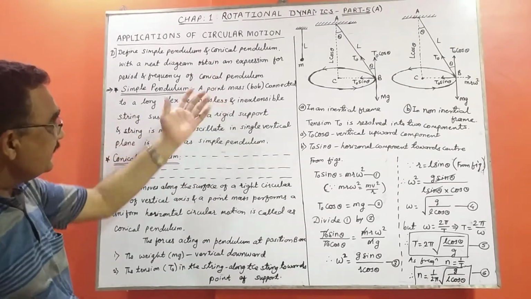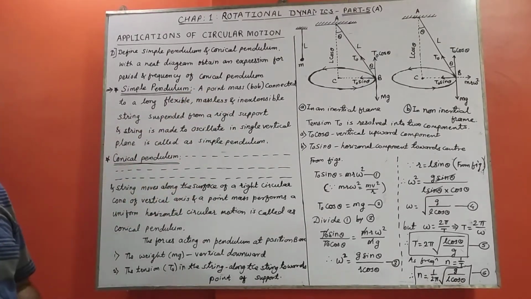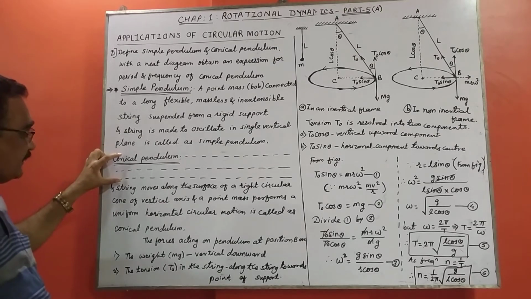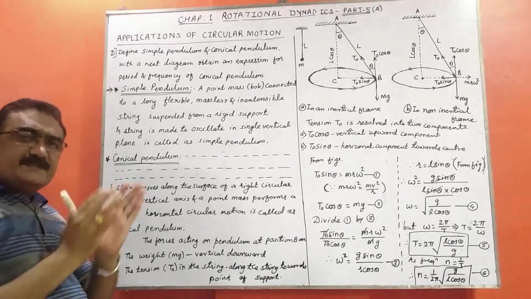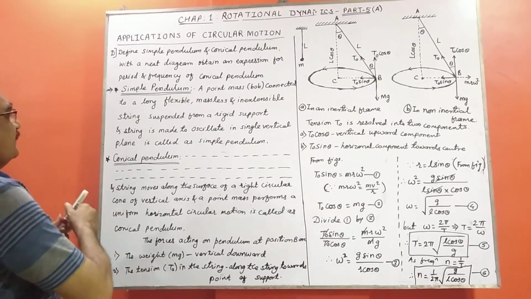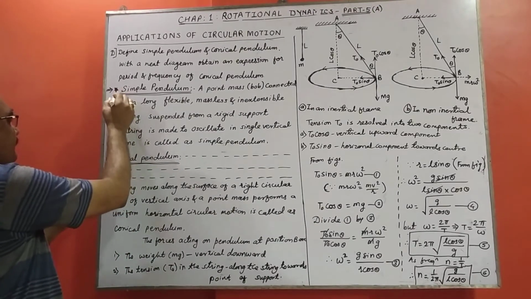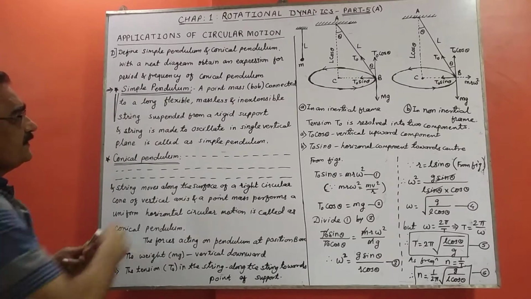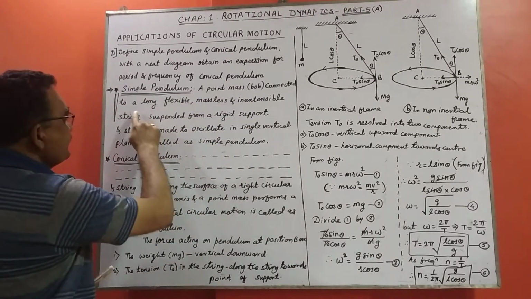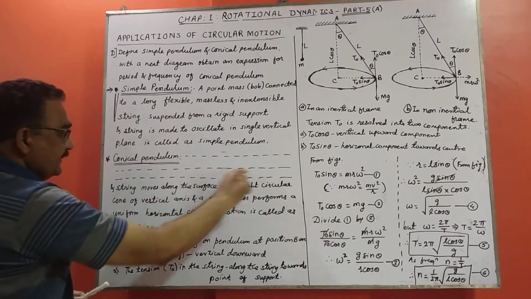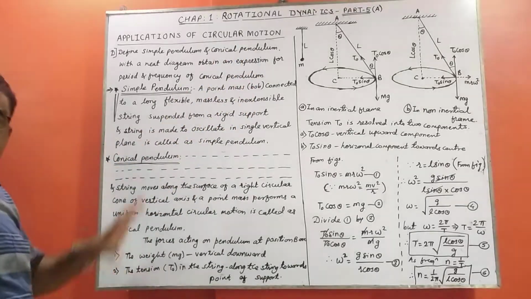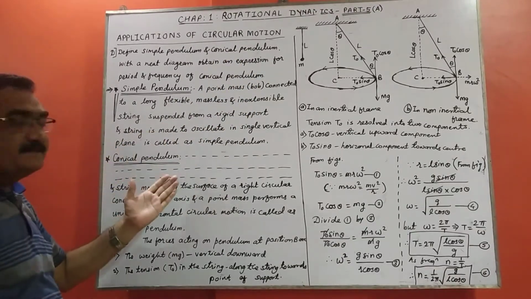Now from that we can see the conical pendulum. For the definition of conical pendulum, in a simple way, these three lines remain the same: first line, second line and third line. For simplicity, how to understand?